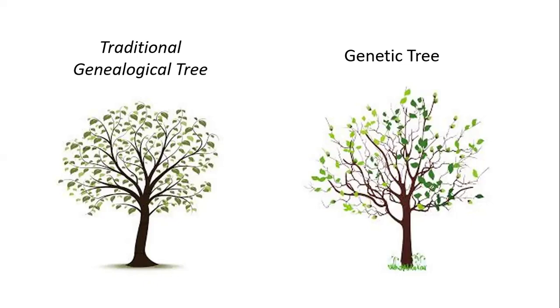Your traditional genealogical tree is the tree that has all your documentation, okay? All those paper trails that you go looking for those cousins, the pictures and all that fun stuff. Your genetic tree is the one that involves the DNA. It is telling you which cousins you match with.